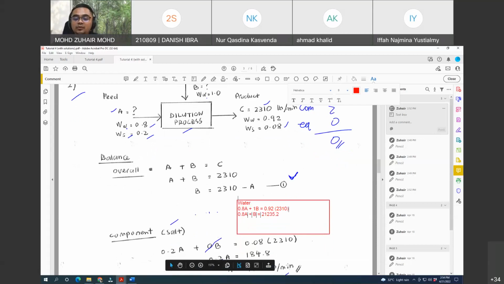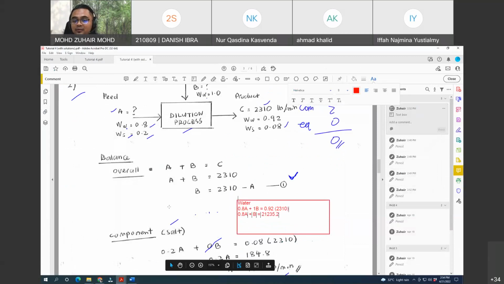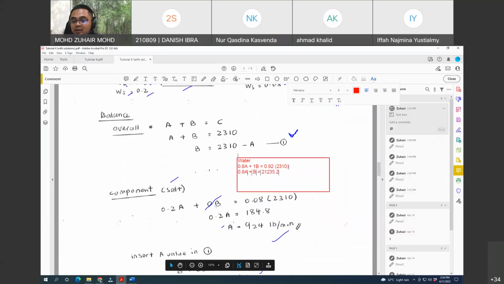Now we have to do some other rearrangement because we have both A and B. In the case where we just solve the salt balance, we already eliminate B, so we straight away get A as the answer. But if we choose the water balance, then we have to do more.